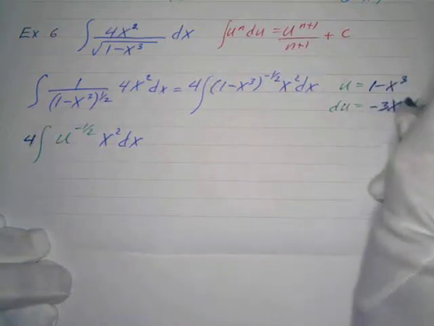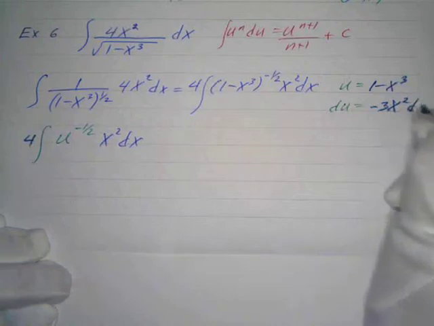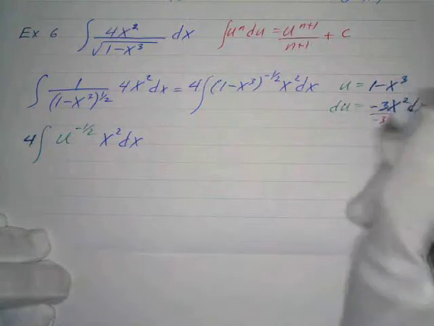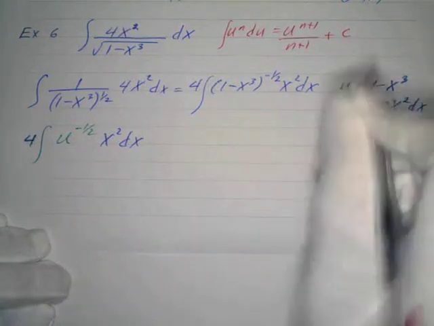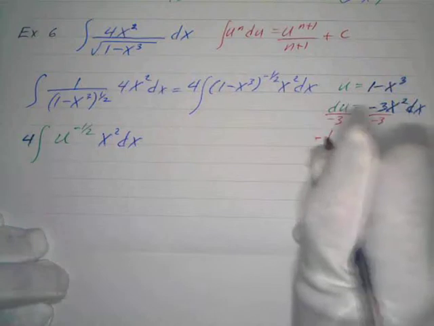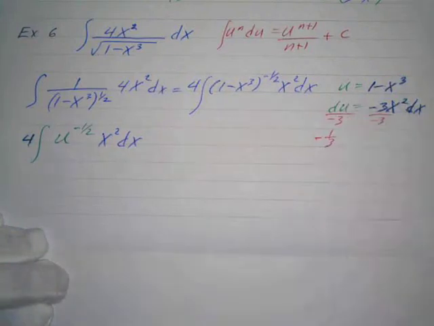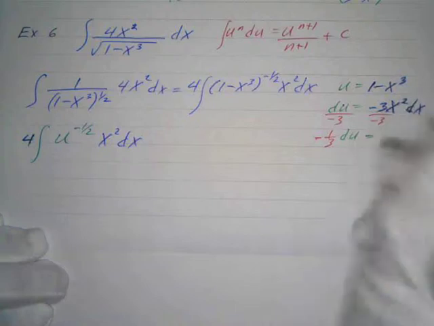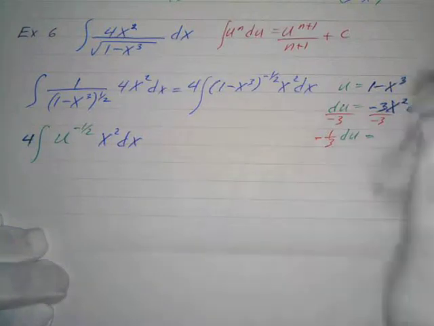Keep these consistent. This is almost the same except for a negative 3, so I'll just divide both sides by negative 3. And I have negative 1/3 du equals x squared dx.